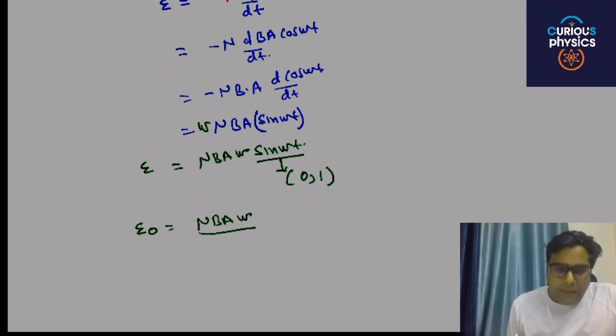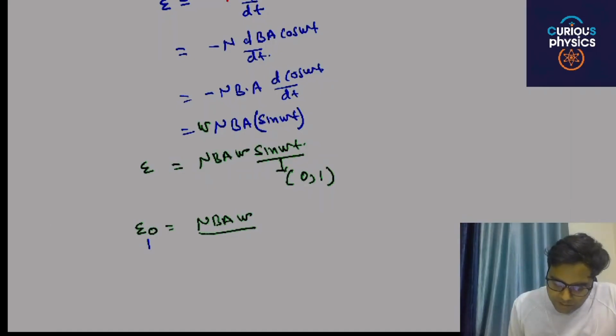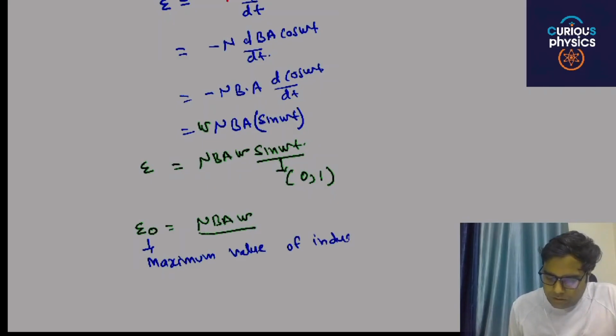This is the maximum value of the induced EMF when sin omega t is 1, because the maximum value of sin theta is 1. This is the maximum value of induced EMF. Are you able to understand my point or not?